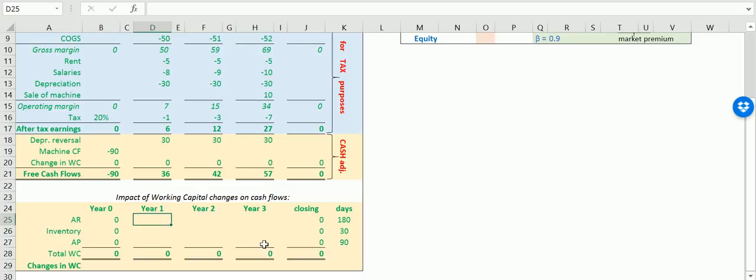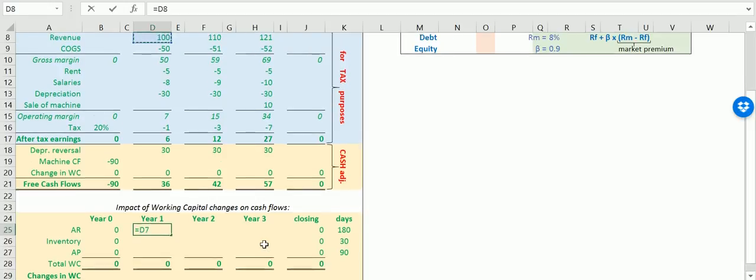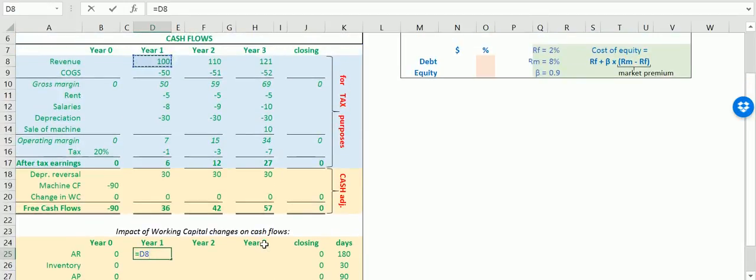So the way to calculate this is you take the revenue, multiply it by the days, fix the column, and then divide it by 365. Right, so we see that actually half of the revenue hasn't been collected, and we copy that for the next years.